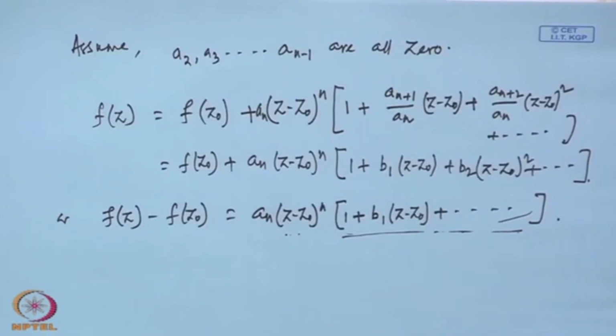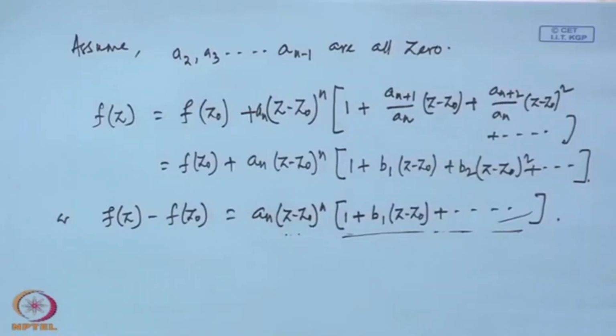Now, if we apply a transformation z to the power n, what happens to the angle at z naught? The angle changes by n times. If you have z equal to r e to the power i theta and zeta equal to z to the power n, it is r to the power n e to the power i n theta.